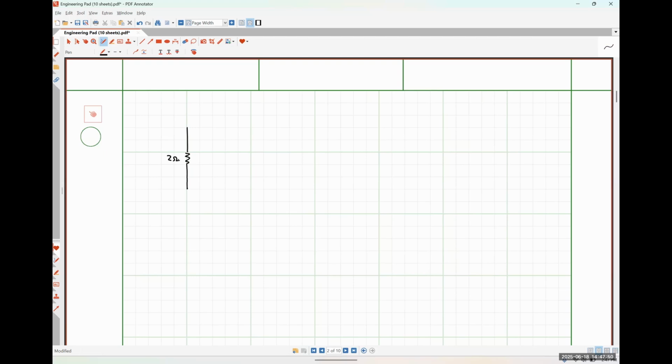So here's another 2 ohm resistor. Let's have a 6-volt voltage source here, a 4-amp current source here.